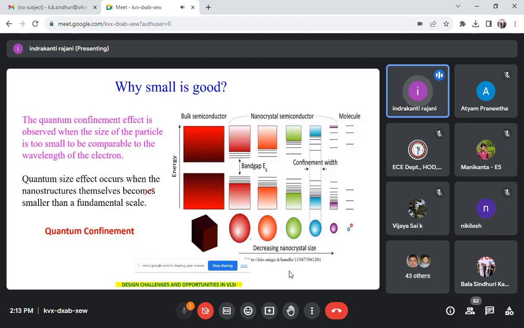When you take gold at a macroscopic scale, it is a yellow metal, but when you take that gold in the nano range, the color changes to red. The color changes because of changes in the atoms and in the material properties when it goes to the nano size.